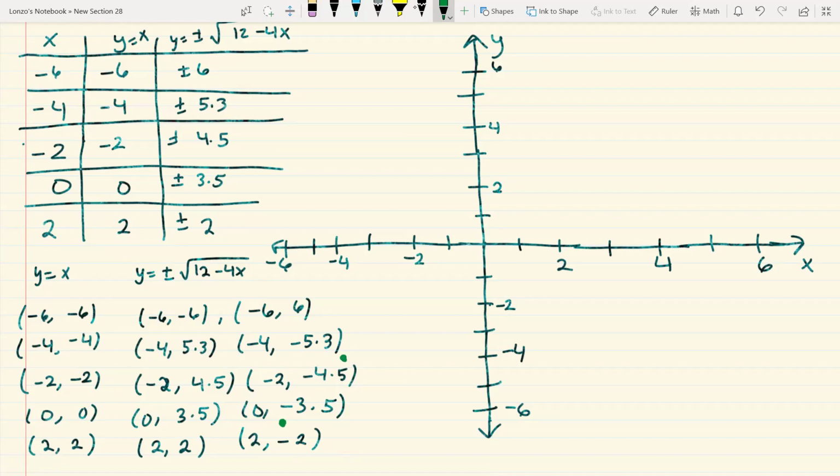The next one would be -2, -2. The next one would be 0, 0. The next one would be 2, 2. Okay, so you know that kind of looks like a linear line like this.